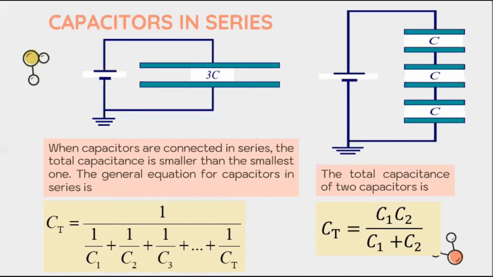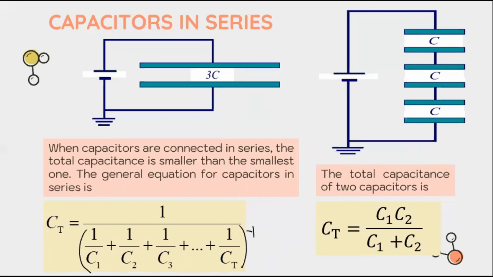So CT is equals to 1 over 1 over C1 plus 1 over C2 plus 1 over C3 and so on. Or pwede po nating itong expression na to raised to -1. Okay? So kapag meron po tayong dalawang capacitors, pwede po natin gamitin yung product over sum rule. Ito po ay applicable lang kapag dalawa. Okay? Dalawang capacitors in series.